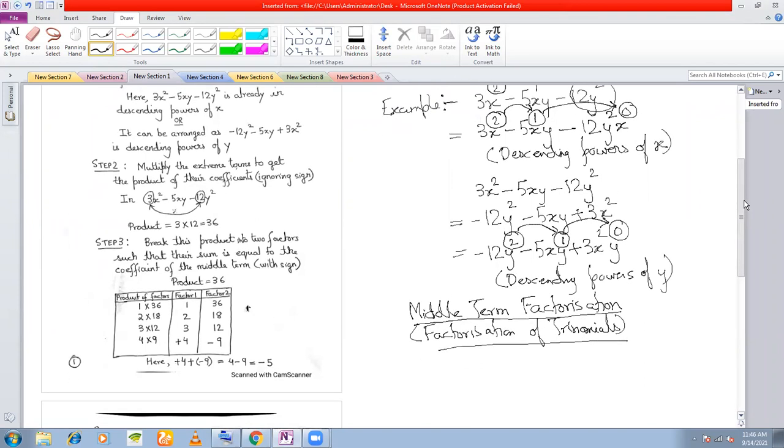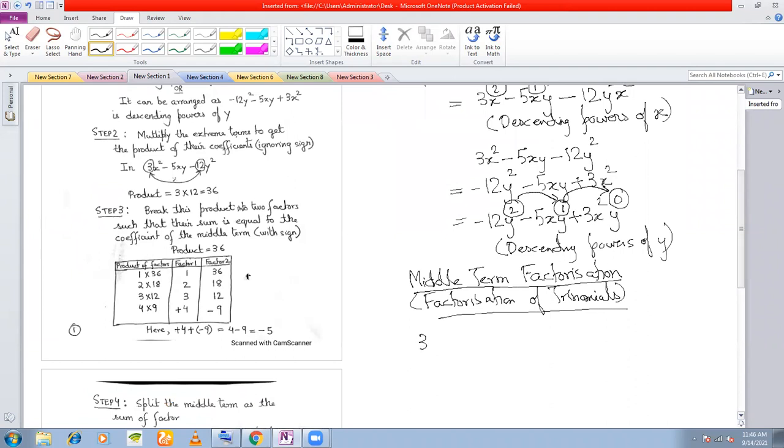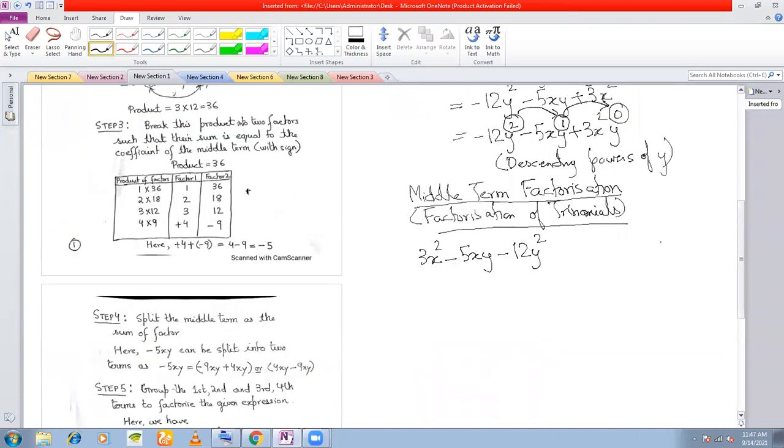Let's consider this expression that I have taken here: 3x squared minus 5xy minus 12y squared. Now we have already seen that this can either be expressed as descending powers of x or descending powers of y. Your first step, whenever you see that there are descending powers of x and you want to factorize the expression, is to multiply the two extreme terms.